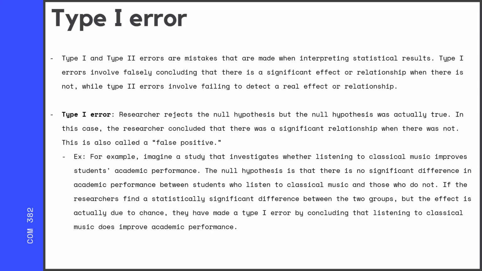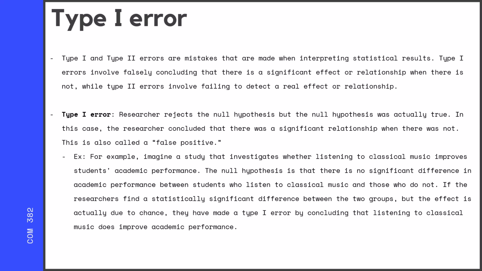So we have these types of error that are part of this. Type 1 and type 2 errors are mistakes that are made when interpreting statistical results. Type 1 errors are when someone falsely concludes that there is a relationship when there actually is not one. Type 2 errors are when you don't detect a real effect or relationship, but there was one there.